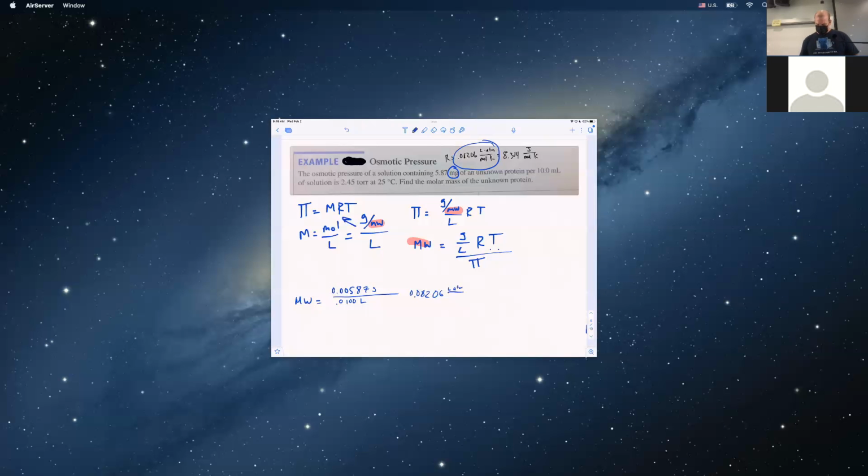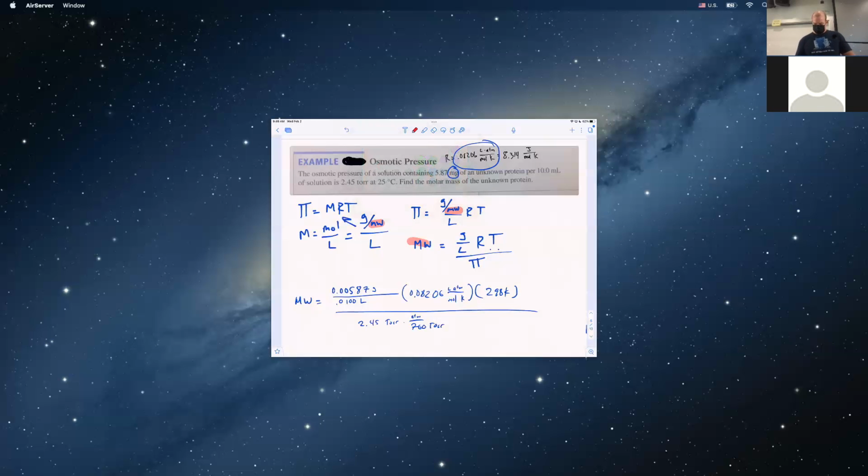Liter atmospheres over mole Kelvin. Temperature is 25 degrees, which is 298 Kelvin, all over osmotic pressure, which is 2.45 torr, but then it's going to be an atmosphere to 760 torr.